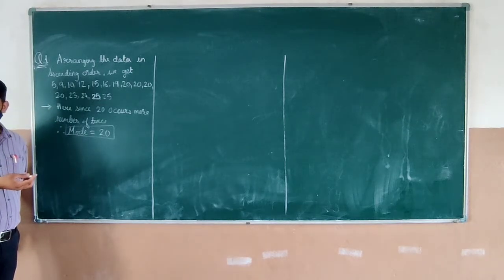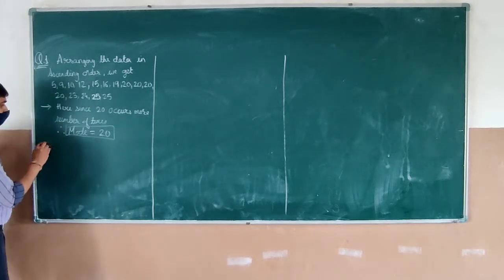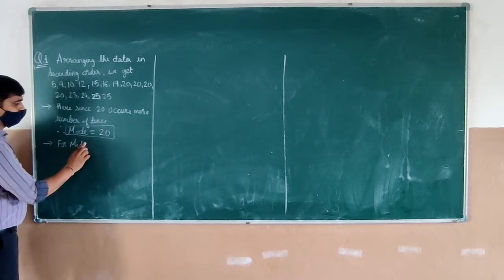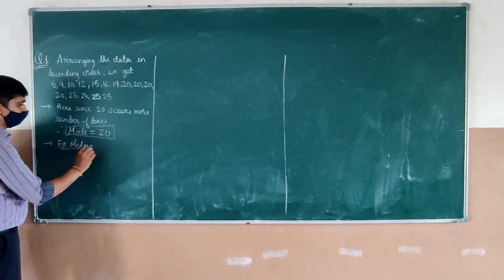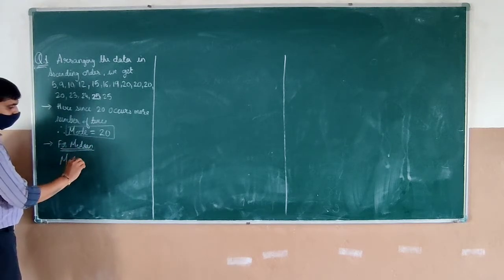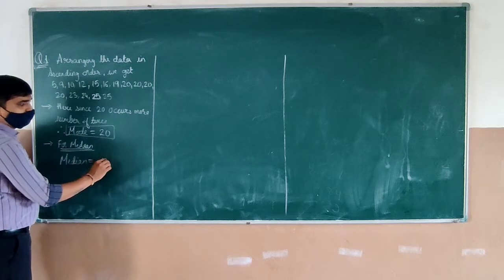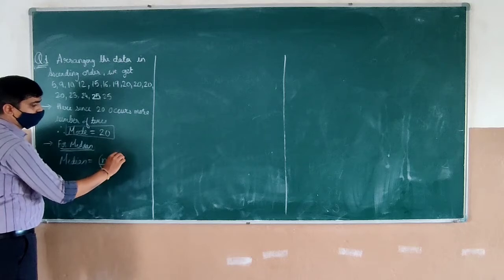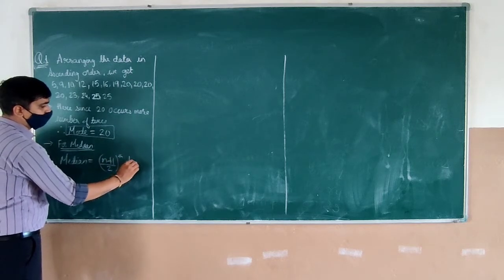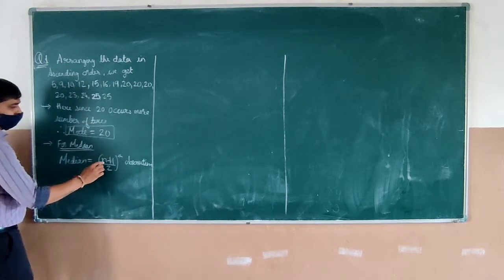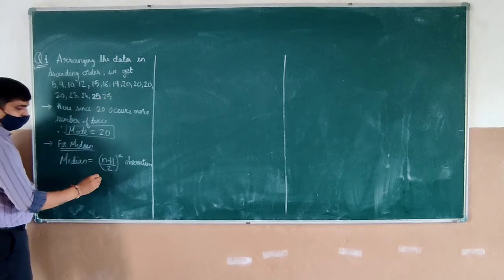So for median, we use the formula for odd numbers, which I told you yesterday. The formula is n plus 1 divided by 2 observation. And what is n? N is 15.